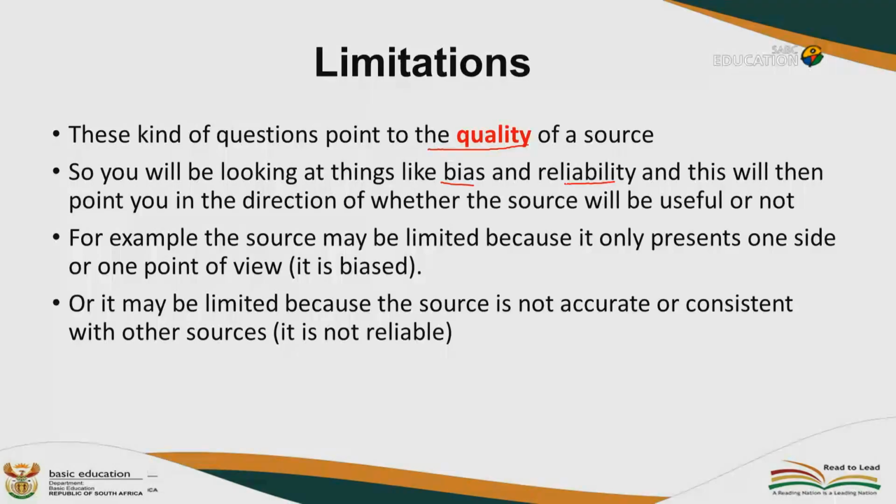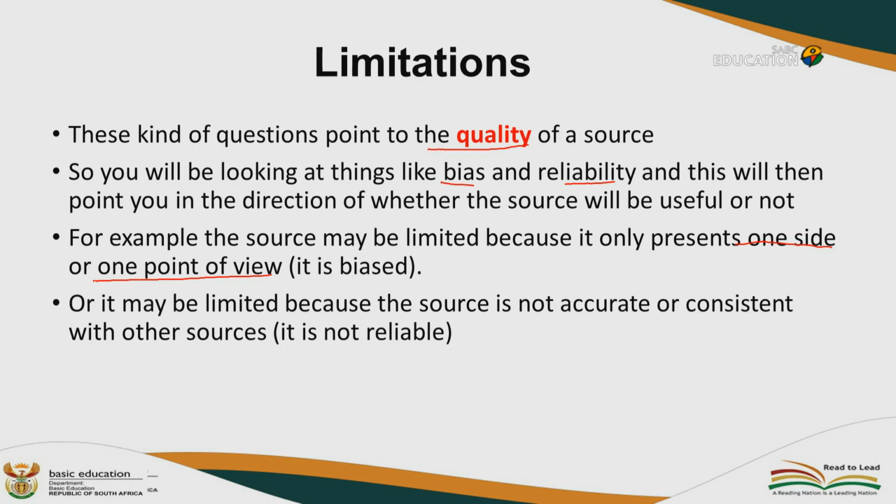Now, for an example, the source may be limited because it only presents one side of a particular view. Let's say, for an example, we talk about two concepts. The concept of the Cold War, where we talk about capitalism and communism. If a source focuses only on communism, it is limited because it has not covered the other part of the ideology, where we have to study the two concepts.